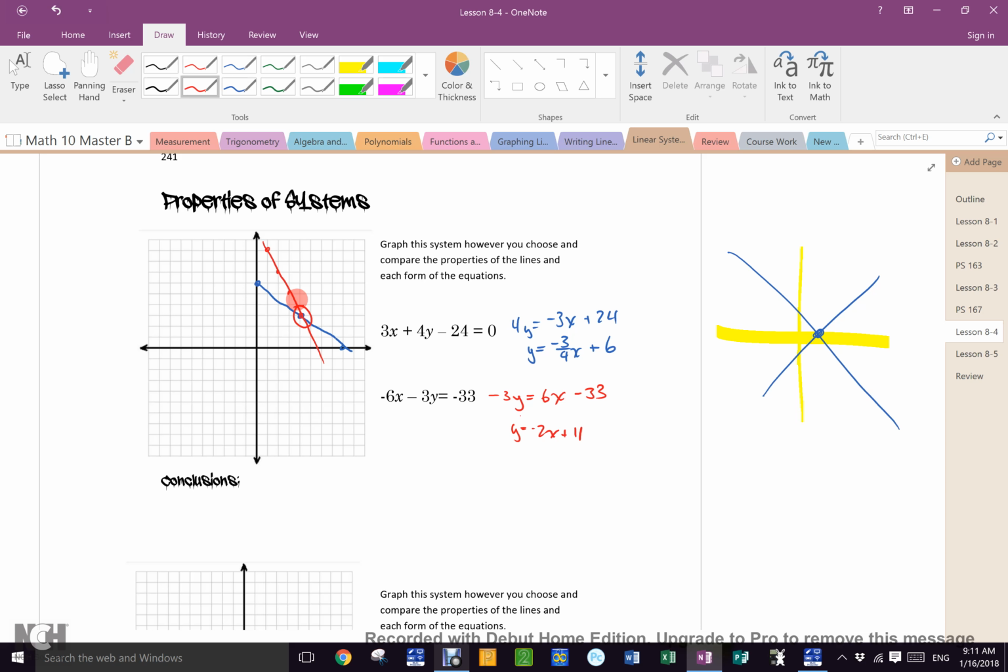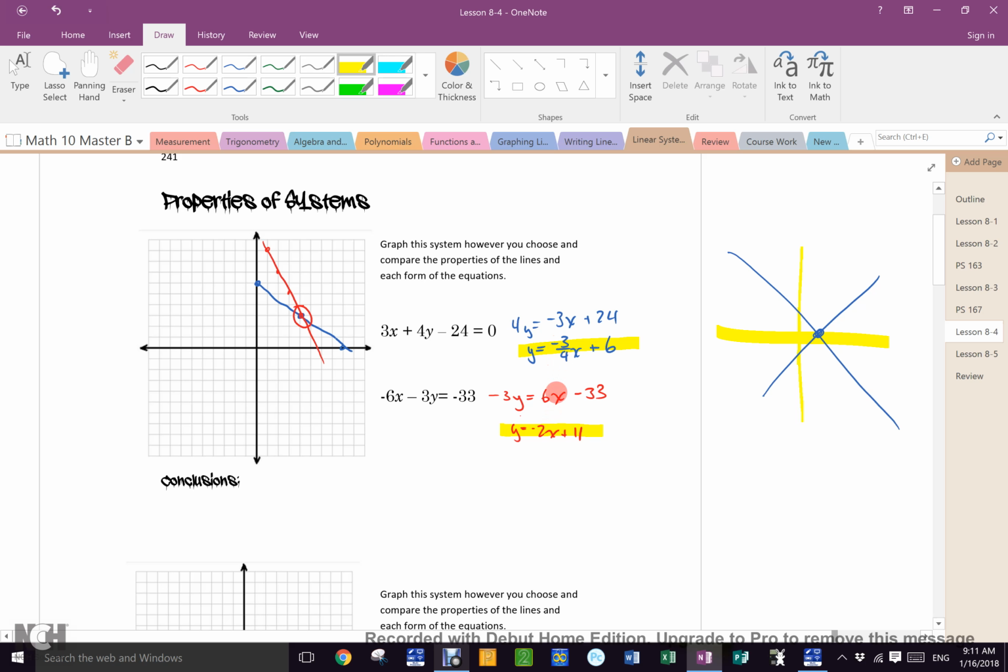Okay, now, what can you tell me about those 2 equations that will allow you to understand that they are indeed going to cross?